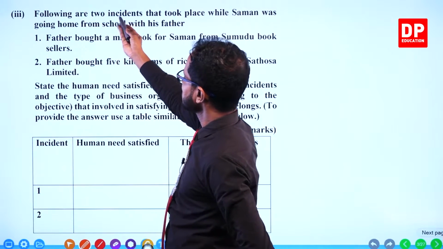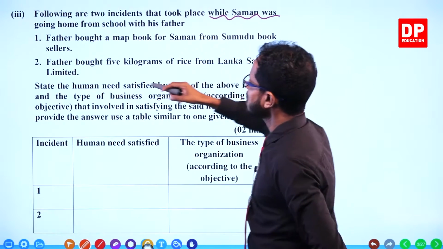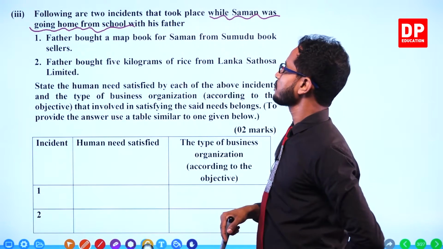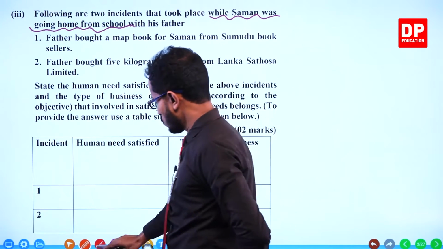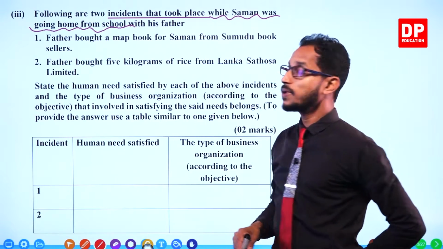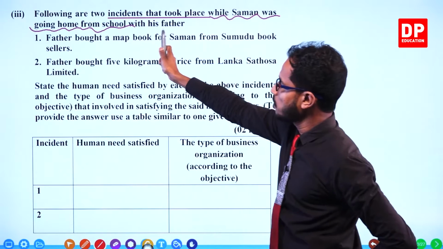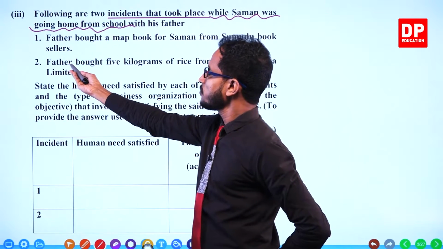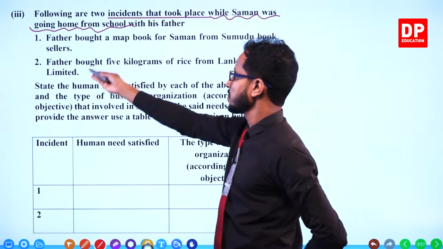Incidents took place. What incidents? Father bought a map book for Saman from Sumudu bookshop. Father bought 5 kilograms of rice from Lanka Satosa Limited.